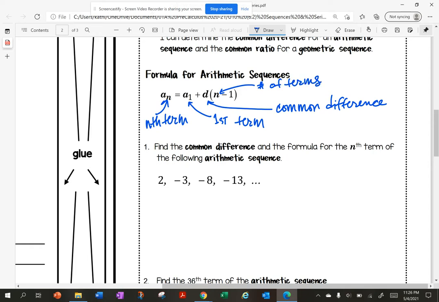Okay, so let's find the common difference and the formula for the nth term of the following arithmetic sequence. I know the first term is a1, second term is a2, third term is a3, fourth term, and so on. So this is a sub n, the nth term. To find the common difference d, I'm going to take any term minus the previous term.